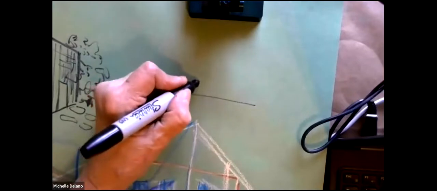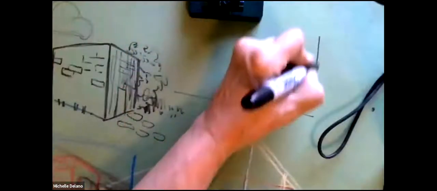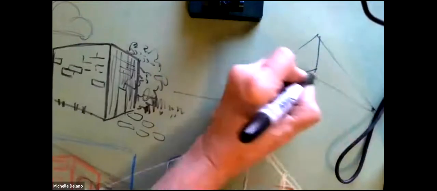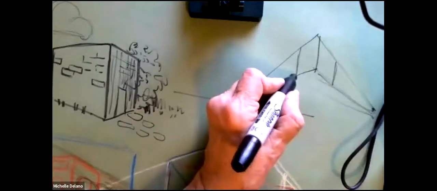I'm going to show you one thing real fast, okay? This is a quick doodle, 2 minutes. I won't go over if I can help it. If you have a horizon line and you have a point above the horizon line, even if you have 2 points above the horizon line, I'm going to make another point over here, and you make something go to the points that are above the horizon line, it will look like the thing is floating.